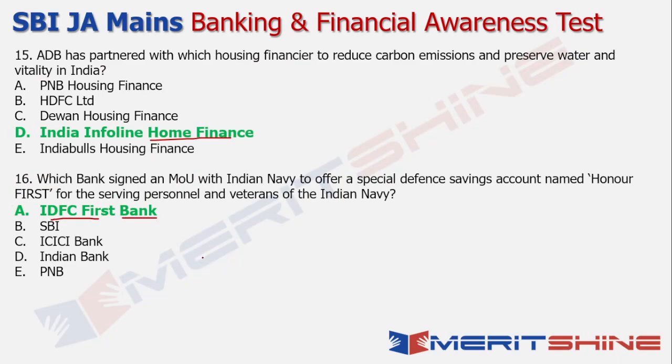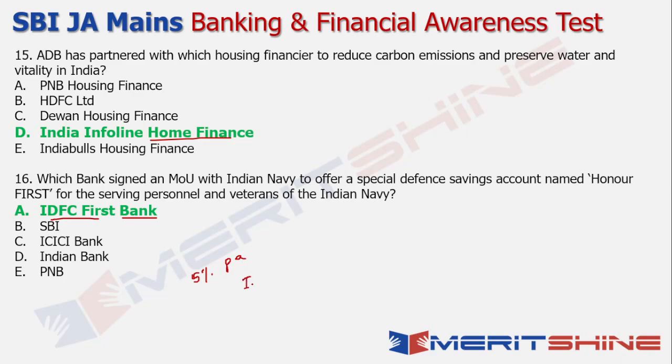Now, if you're looking at additional information, the MOU was again signed at New Delhi between Commodore Neeraj Malhotra, Commodore Pay and Allowances, Indian Navy, and senior officials of the IDFC First Bank. So this is basically going to be a zero balance salary account, and it can allow you to earn 5% interest per annum.